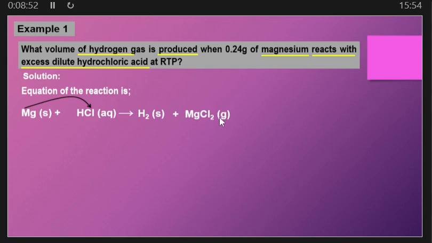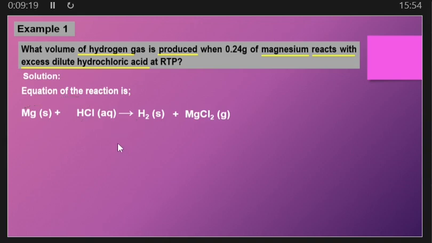So this is where I made a mistake. This was supposed to be here, and this was supposed to be here. All right? So when magnesium picks chlorine, it forms magnesium chloride, and the hydrogen which remains forms hydrogen gas. All right? So let's continue.